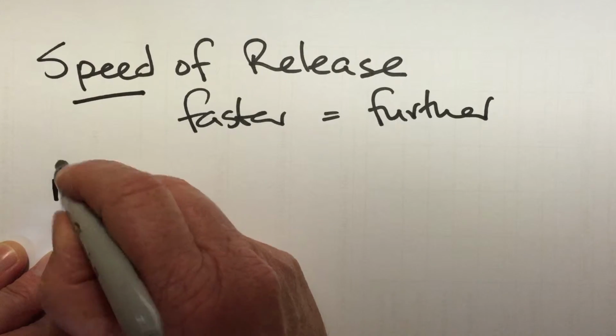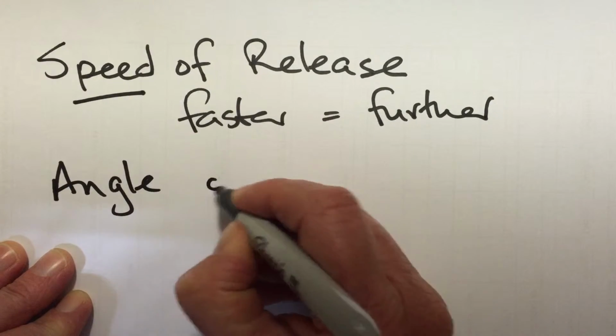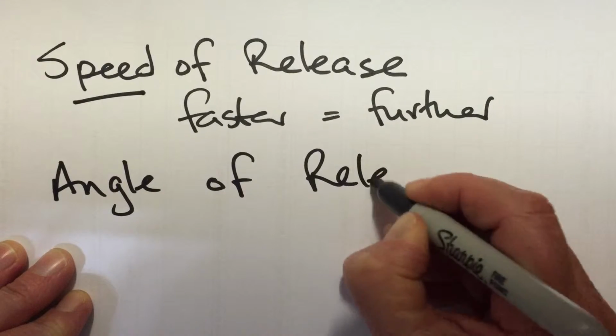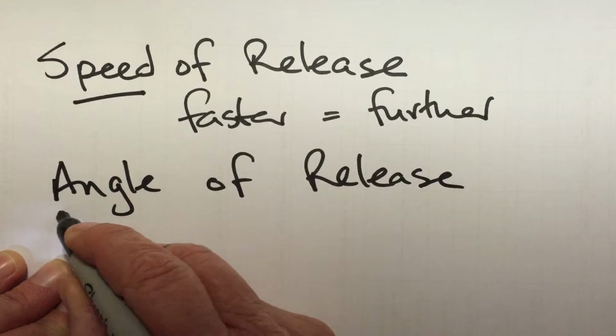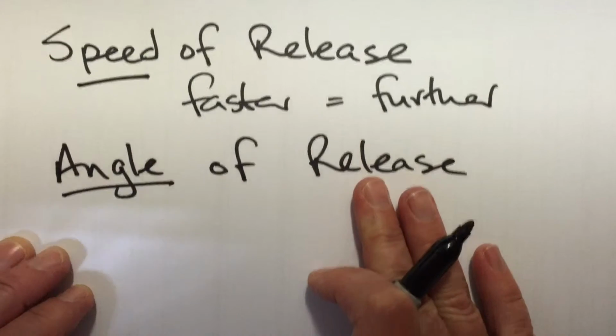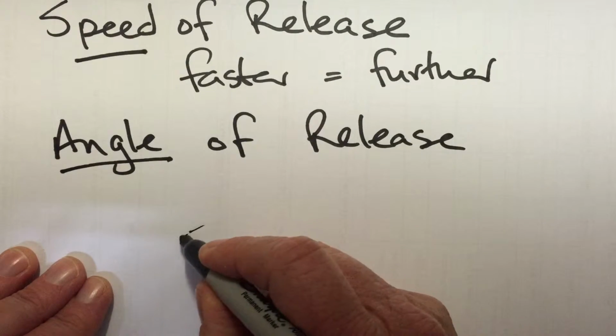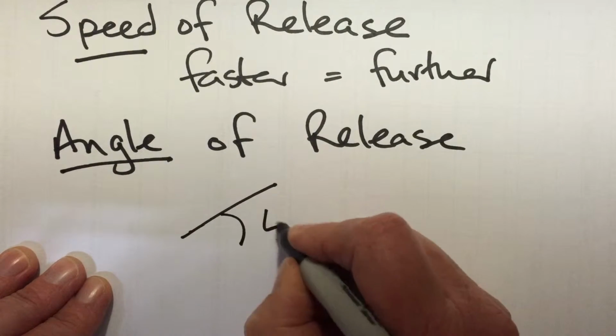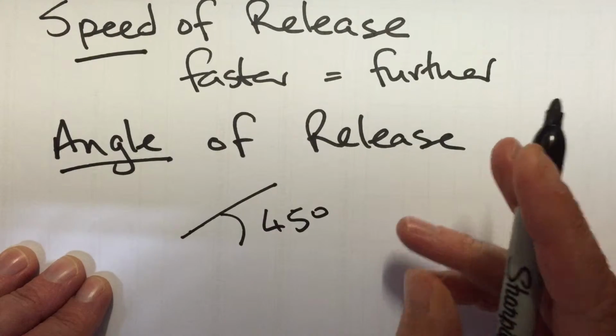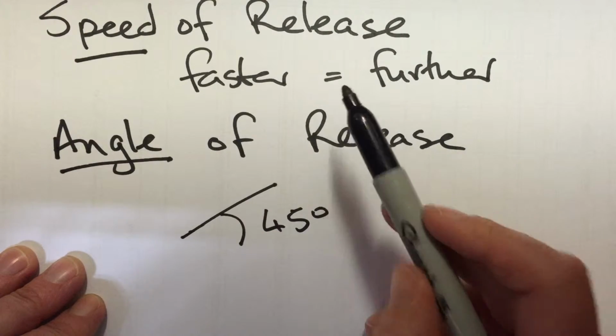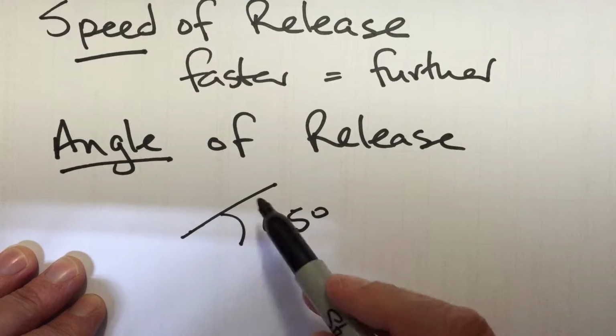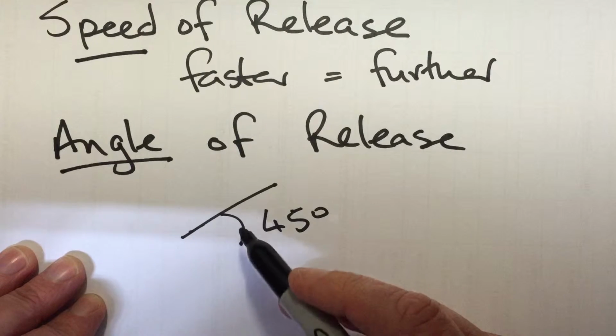We also talk about the angle of release. Now, the biomechanical scientists have found out some interesting things. They reckon the optimum angle is a 45-degree angle. But then it actually depends upon what the objective of the projectile is.